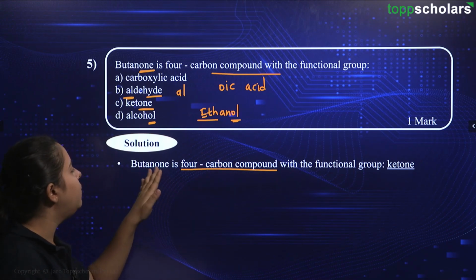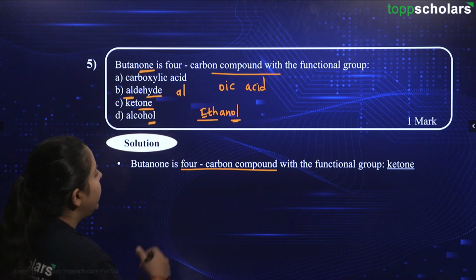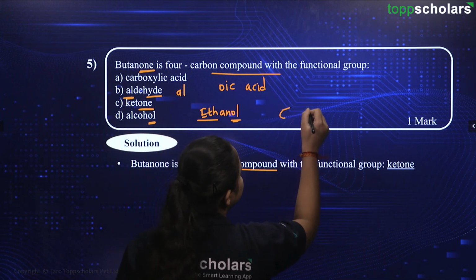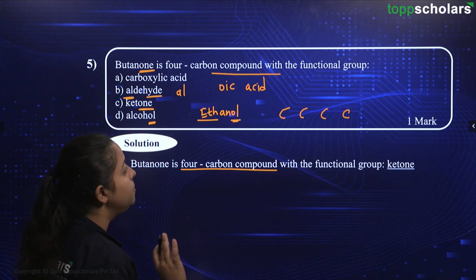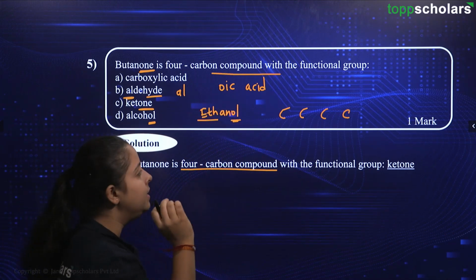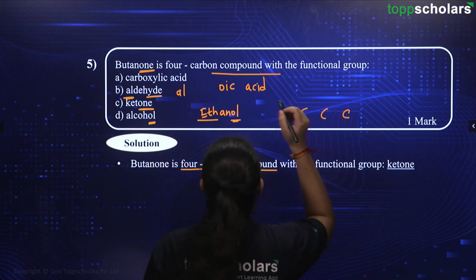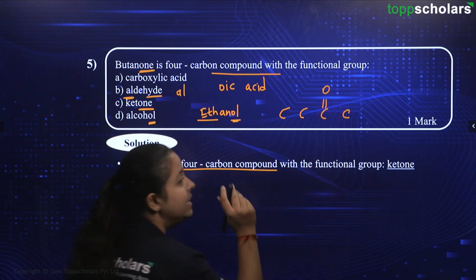After that we can add the functional group and name it very simply. So if I say here is butane with 4 carbons in its parent skeleton, then for it to be a ketone, I need to have a double bond O, this functional group.